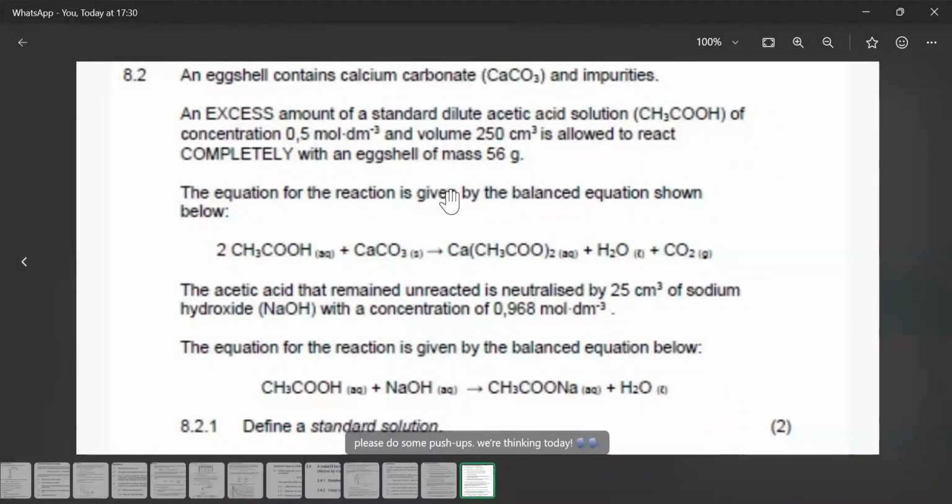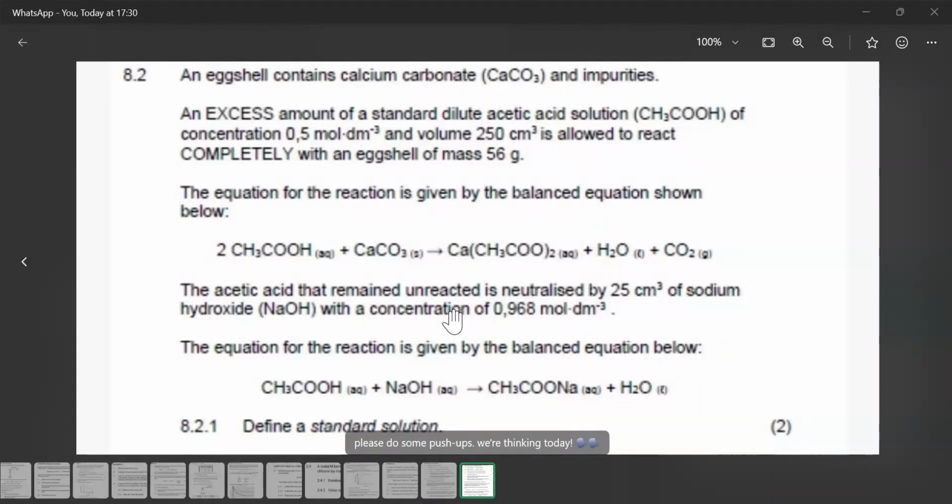Now, already we can see that hydrochloric acid, acetic acid. Hey, we are used to working with hydrochloric acid. But yes, we can see that the acetic acid is in excess. Well, that's fine, which means that calcium carbonate is the limiting reagent, because as soon as it's finished, the reaction will stop.